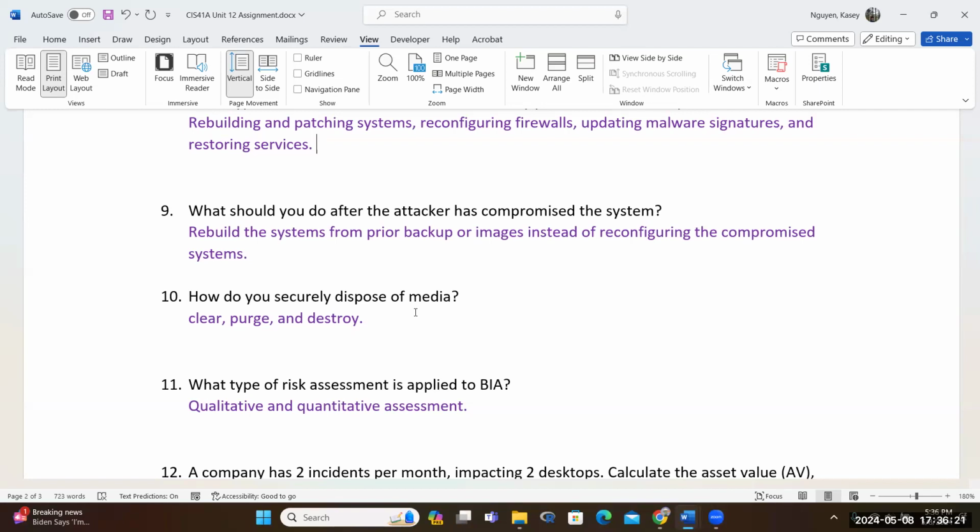So there are two approaches we can use to assess risk, qualitative and quantitative. Qualitative is when we use levels, right? Like low, medium, high, critical, non-critical. Those are qualitative assessment methods.